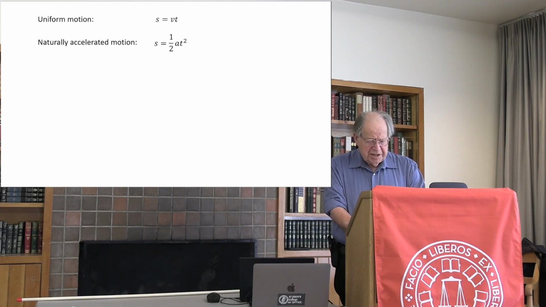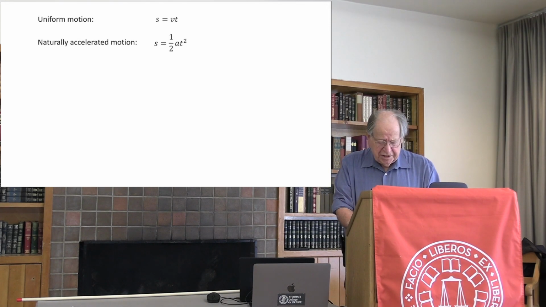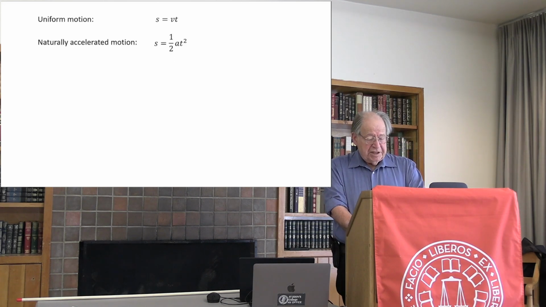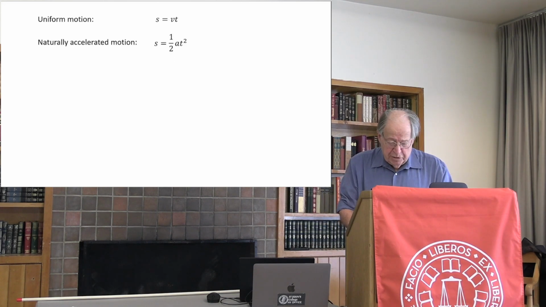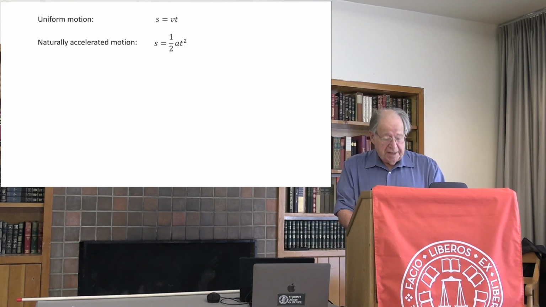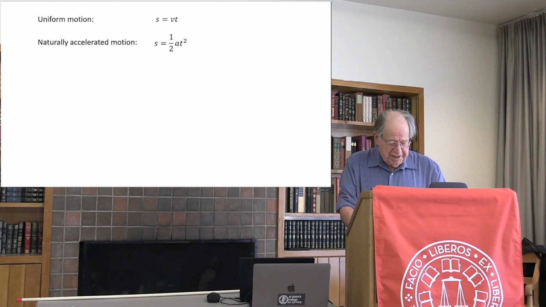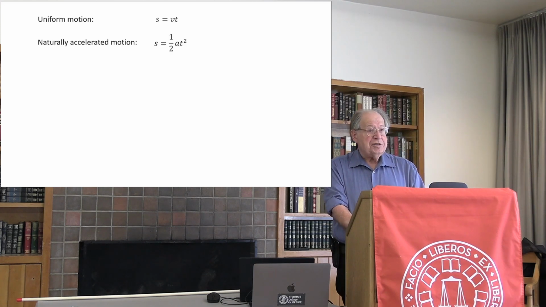Now, just as Galileo's geometrical examination provides a basis for the equations S equals Vt for uniform motion, and S equals 1/2 AT squared for naturally accelerated motion, the geometry of the threefold paradigm circle provides the equations of swinging motion.